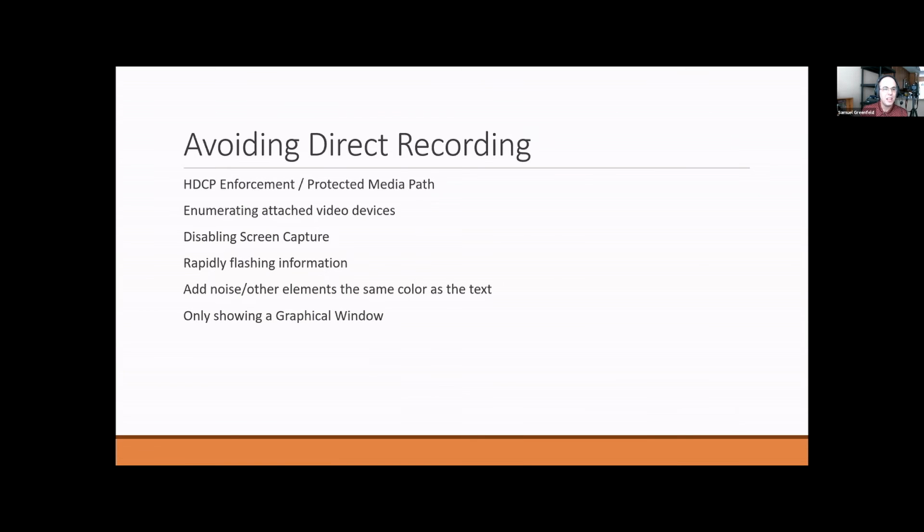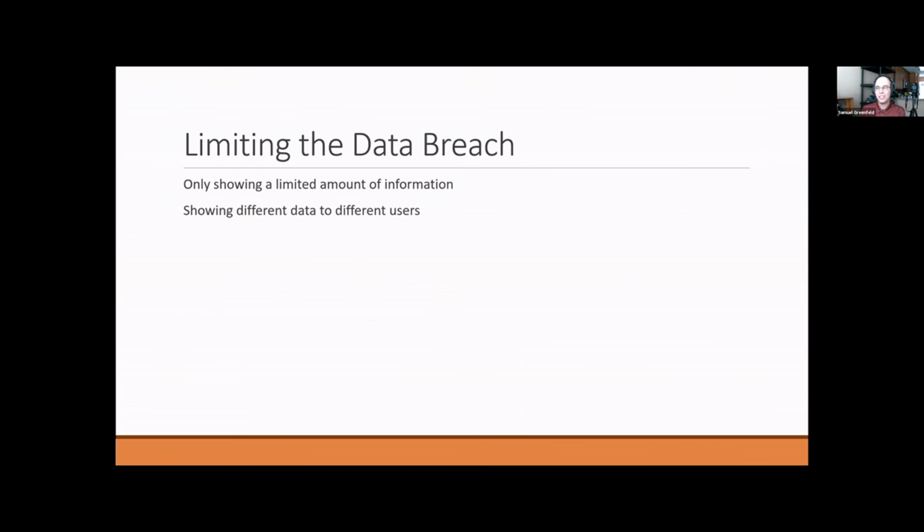You could also try showing a graphical window if you want to avoid active accessibility and things like that. It's hard to say how much handicapped people could argue you are violating the Americans with Disabilities Act, things like that. Hard to say what you could do or not do, but again, all these are basically, if you have an external device and it's not controlled by you, they could potentially do it.